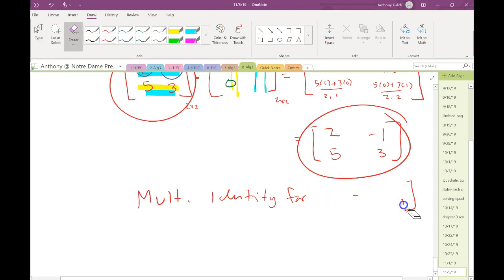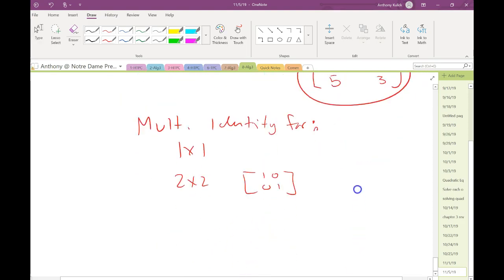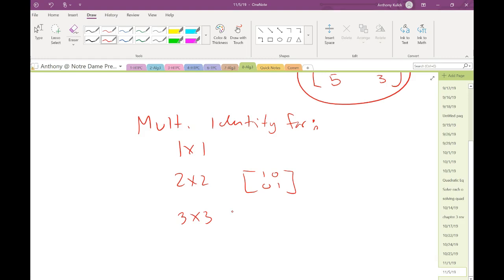Actually, I'm going to reformat this. So we know what the multiplicative identity for a 2 by 2 is. We figured that out ourselves. What do you think the multiplicative identity for a 1 by 1 is? This is exactly as simple as you think it would be. It's just 1.